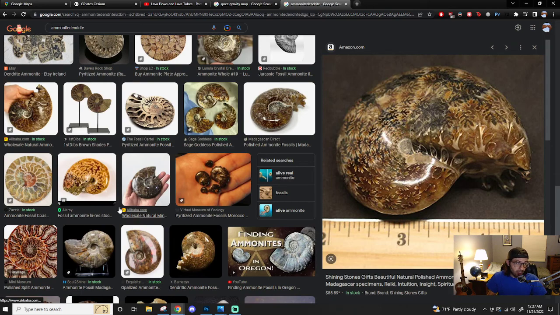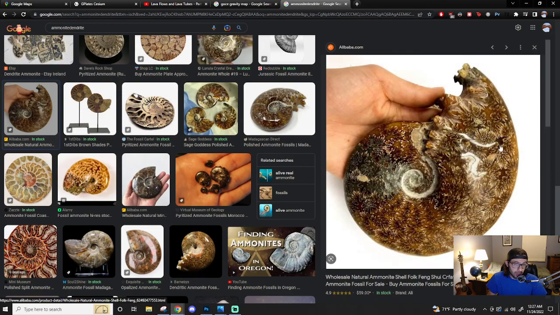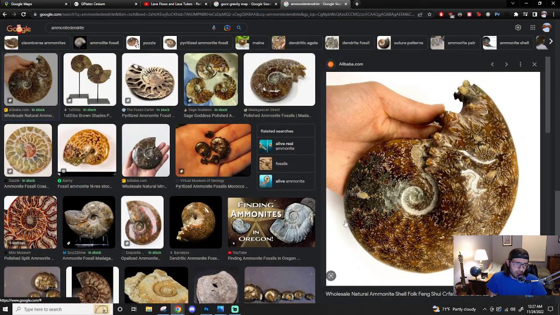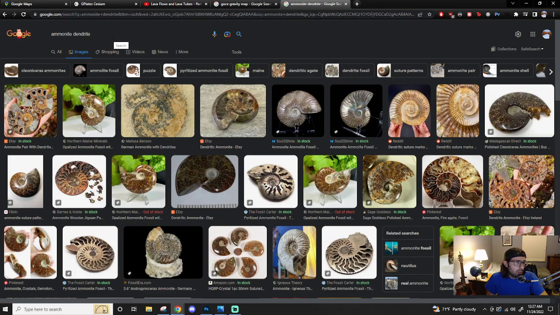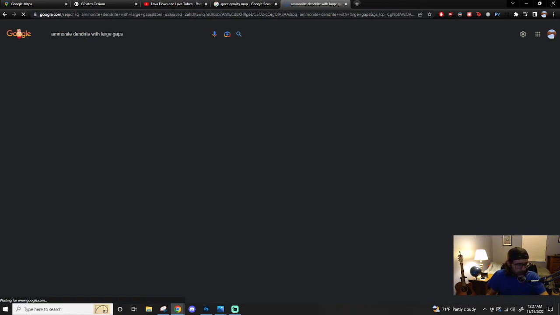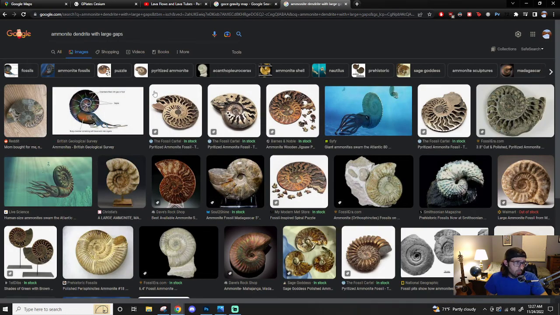They're so dendritic that they're just open. They begin to physically have gaps, where over here it doesn't. Maybe because I didn't put a space. Let's see if we can find a good example of one with large gaps.